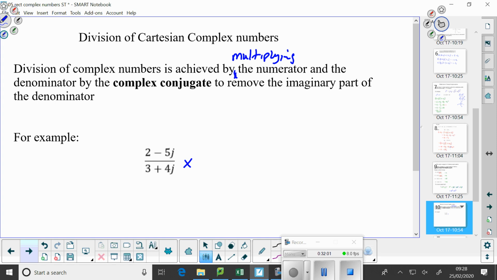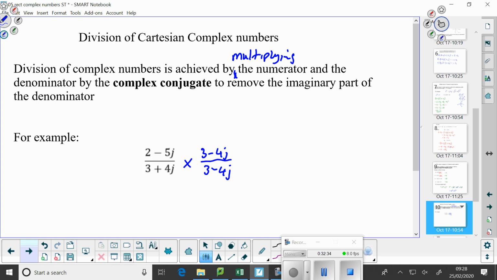So we multiply the complex conjugate of the denominator, so we multiply top and bottom by 3 minus 4j. Any number divided by itself is equal to 1, so we've multiplied that term by 1. In other words, we haven't changed it whatsoever.